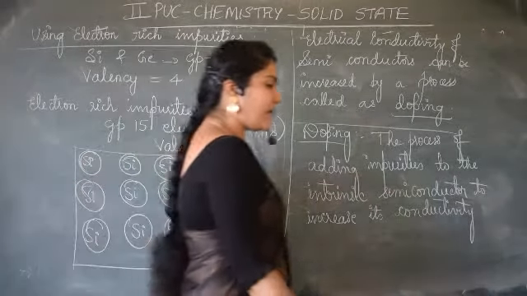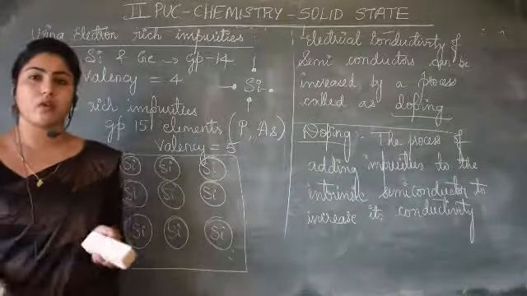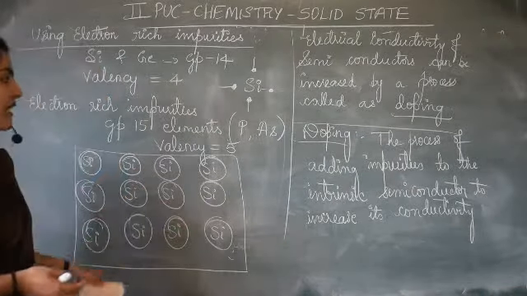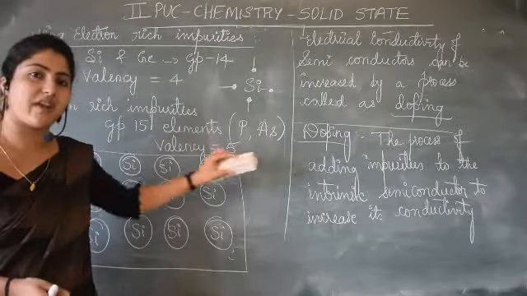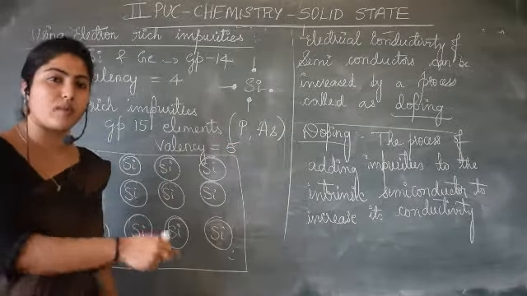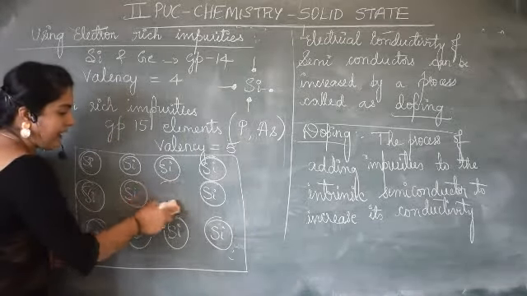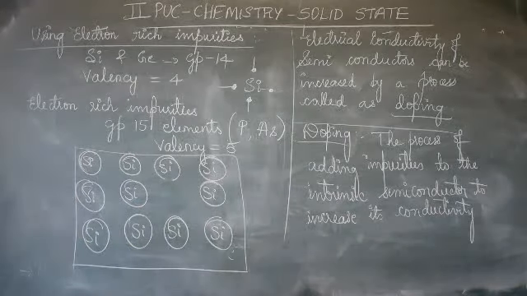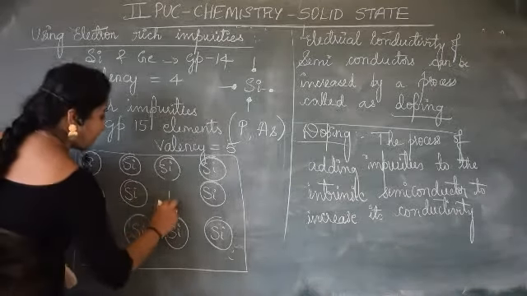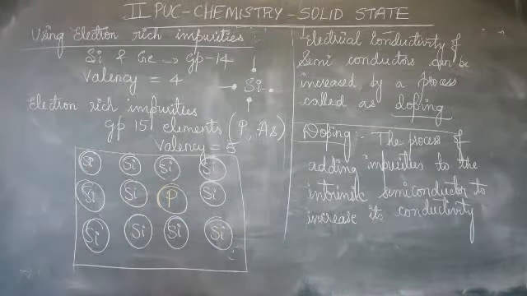Now here what happens? You are doping it. Doping means you are mixing a group 15 element here, that is phosphorus or arsenic. It comes and occupies a site of silicon. Say you are doping it with phosphorus, and phosphorus has occupied that place.